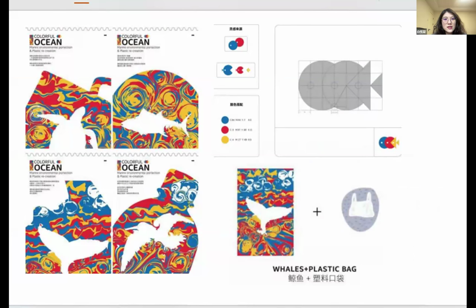Well, maybe you can see their final project is about 4 posters. You can see very clearly what the posters want to explain about. The color is mixed, and you can see what exactly the graphic is here, but you don't know what the creator wants to explain, what their meaning is.